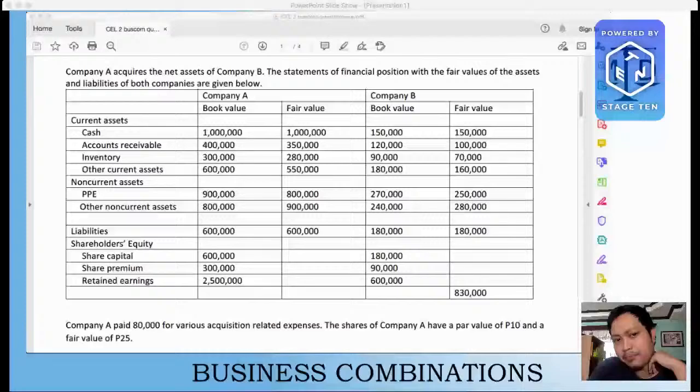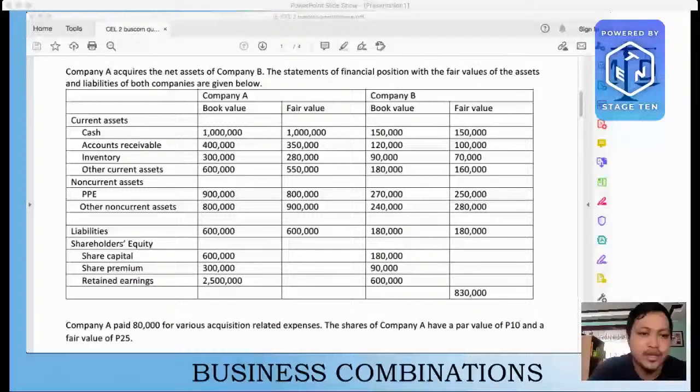For example, class, if the consideration is in terms of cash, what are you supposed to do? Just, sorry, not cash, in terms of shares. Following the measurement rule in PFRS 3, you are to measure the shares issued to acquire the acquiree at fair value. Will the problem give you the fair value of the shares, class? The answer is yes.